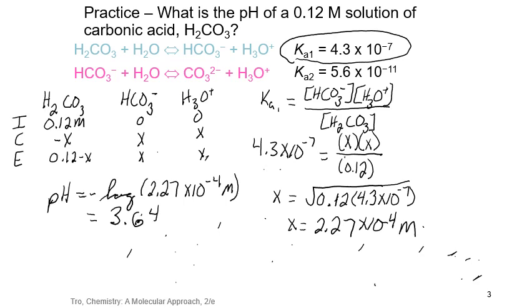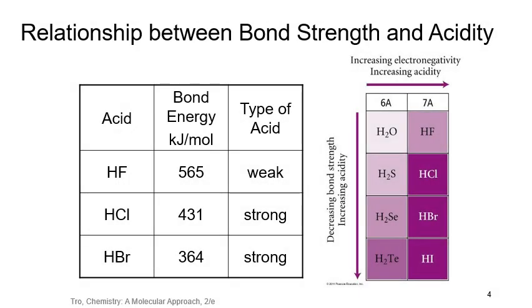And so we've already talked a bit about bond strength and how acidic our solutions are, because we've mentioned the attraction between the hydrogen and our anion. If it's a strong acid, that means it breaks up nearly 100%.